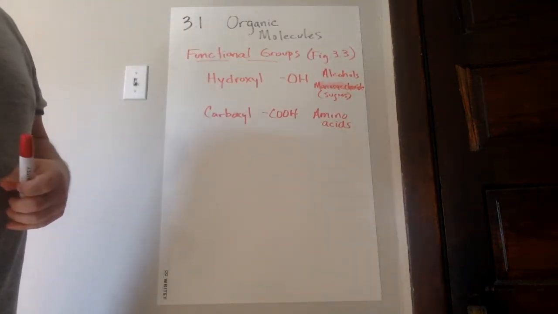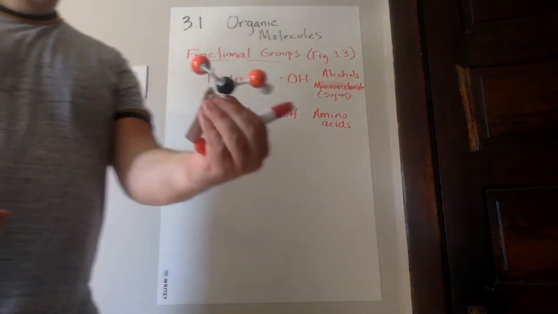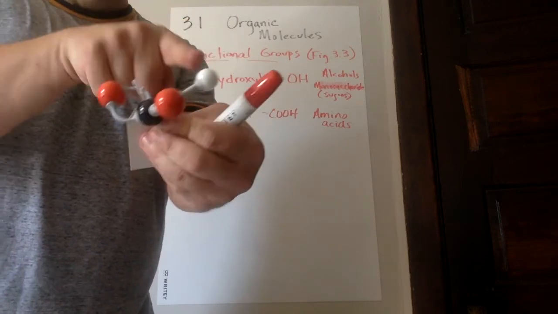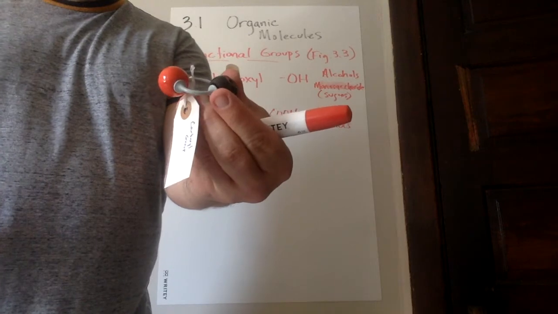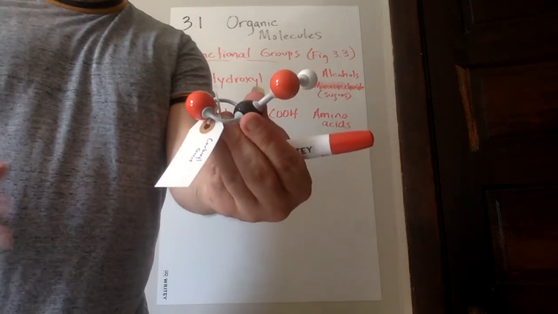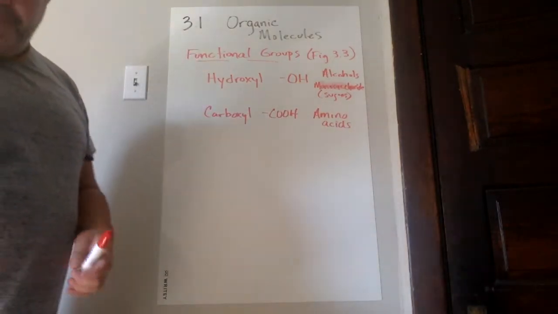So in our amino acids, we're going to find carboxyl groups. So we have a single carbon, two oxygens, and here's that hydrogen. In a sense, we took a carbon and an oxygen, and we put on a hydroxyl group to form a carboxyl group. So that's a carboxyl.